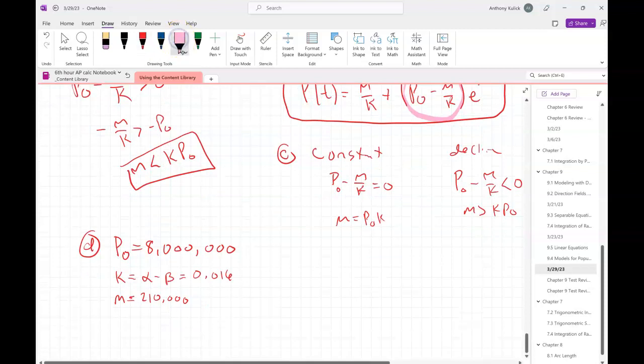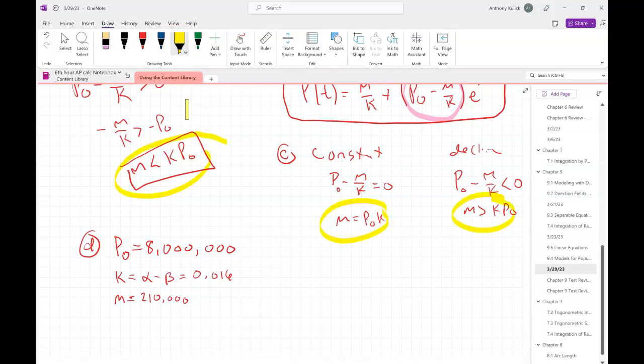So what am I going to use? I'm just going to look at that and see which one of those relationships holds. And when I do that, I get 128,000.